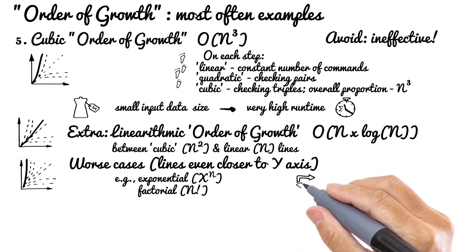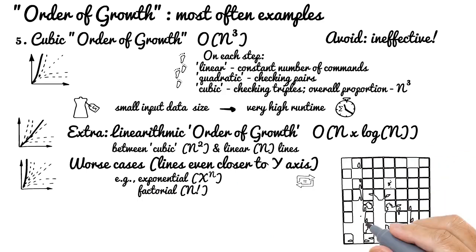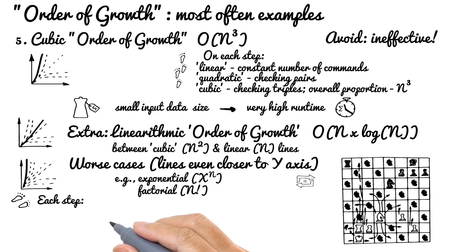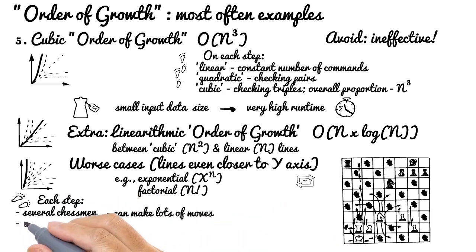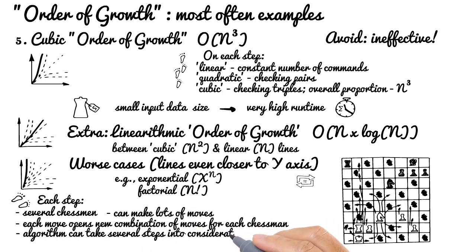To simplify with an analogical example why runtime may be so extremely huge for such cases, you can imagine a chess game. On each step you have several chessmen, each can make lots of different moves. Each move opens new combinations of moves for each chessman. An algorithm can take several steps into consideration before making an actual move, like a chess master trying to imagine lots of combinations in his mind.